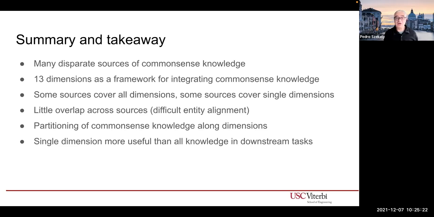There is little overlap across sources. And partitioning of commonsense knowledge along dimensions seems to be useful to focus on downstream tasks. And interestingly, single dimensions are more useful than all knowledge in the downstream tasks. Thank you.